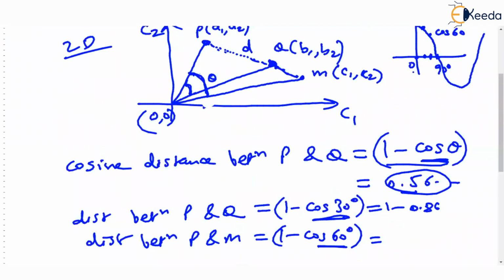So this is 1 minus 0.5, which will be 0.5. The distance between P and M is 0.5, whereas the distance between P and Q will be 0.24. Correct? And that has to be because P and Q are closer as compared to P and M.